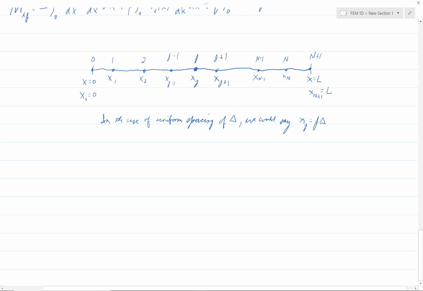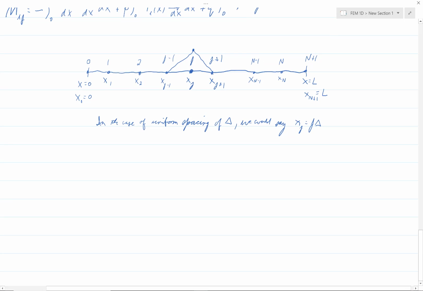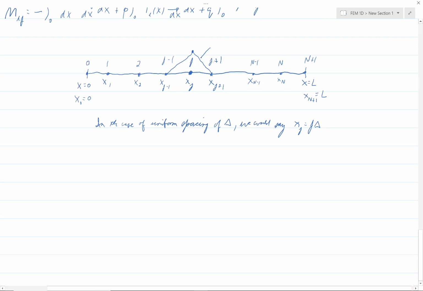And what we recall is that the basis function bj has the following form. It has a value of 1 at node j, and it goes down linearly to 0 at nodes j minus 1 and j plus 1, and everywhere else it is 0. So that's what bj looks like.